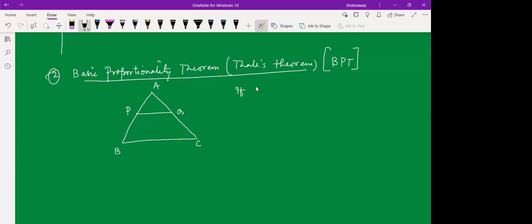So if PQ is parallel to BC, then AP by PB is equal to AQ by QC.